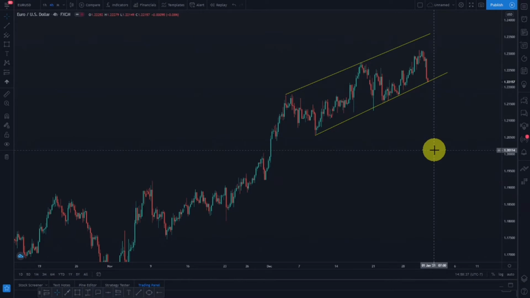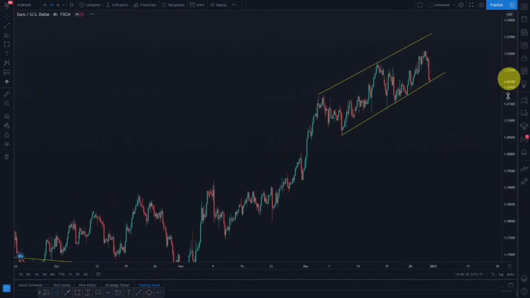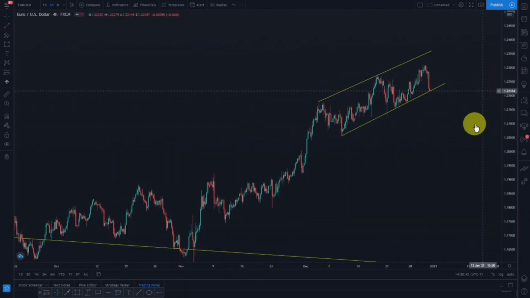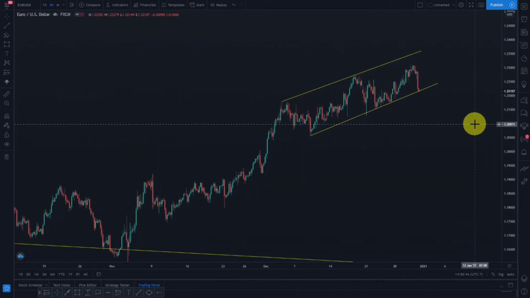Okay guys, I can see a very beautiful pattern over here that has already formed.